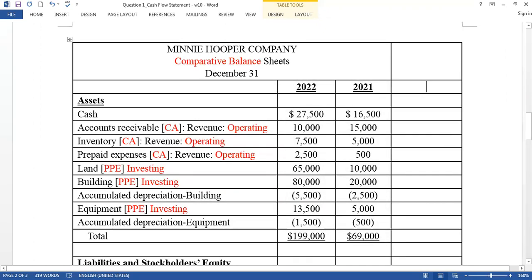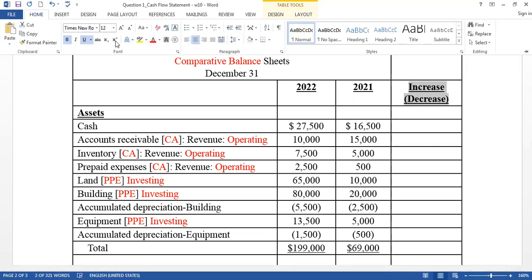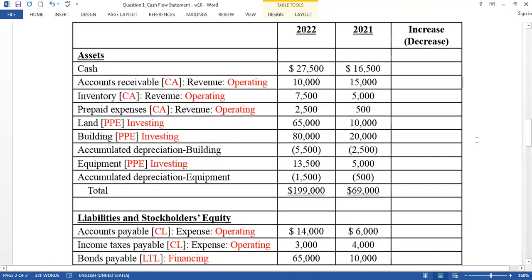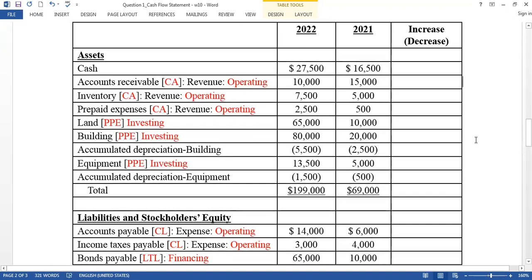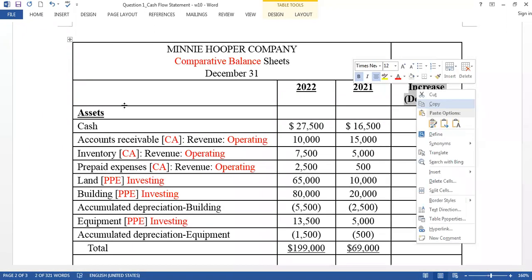It is called increase or decrease. So you have to create this new column, increase or decrease. How do we write increase or decrease? We have a formula.